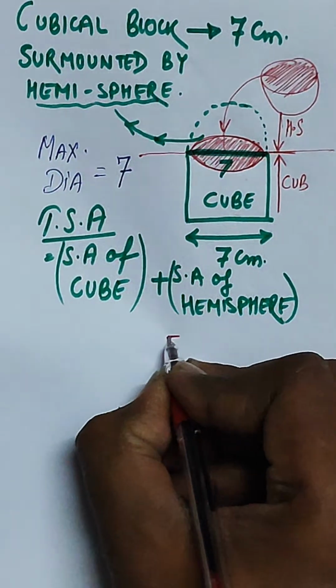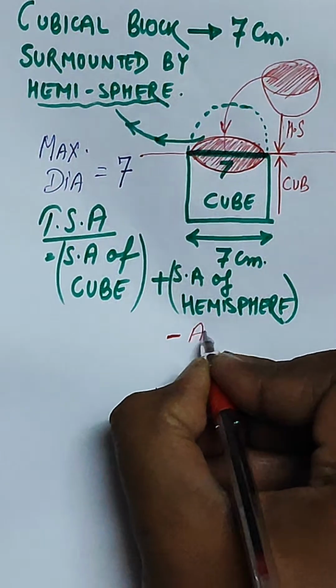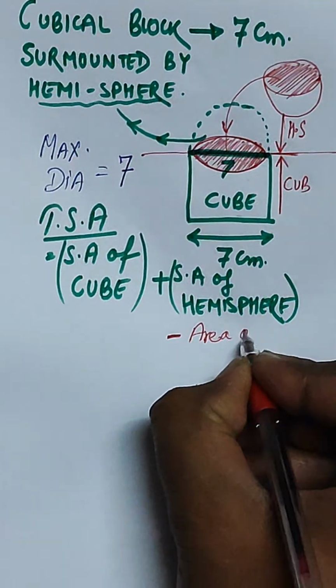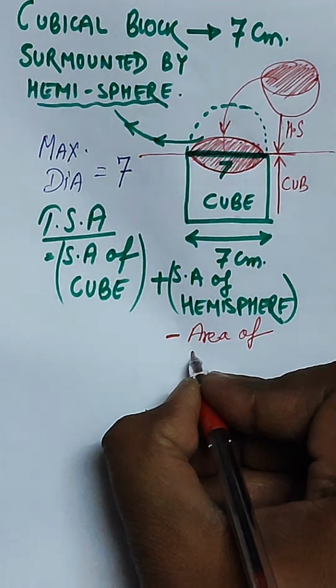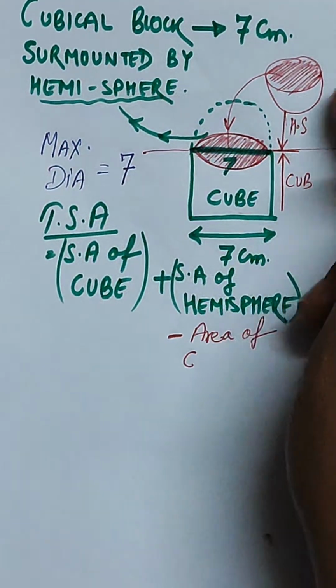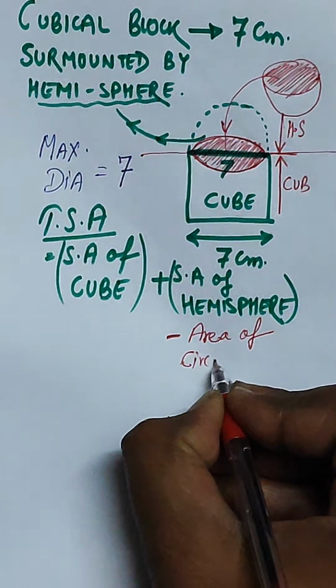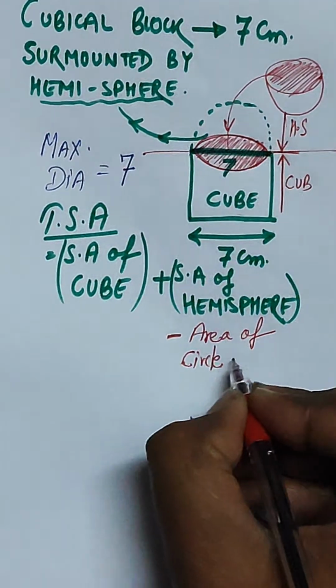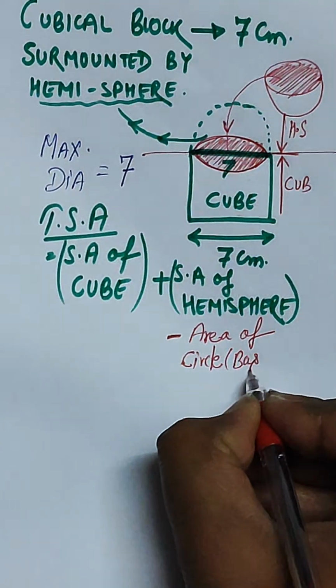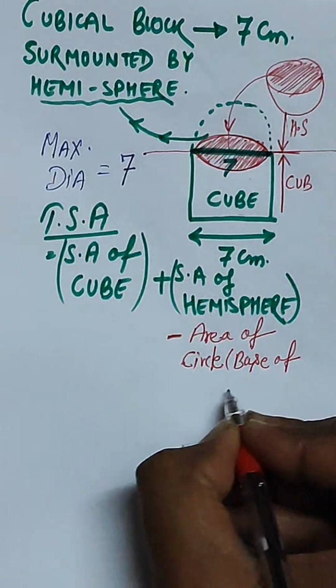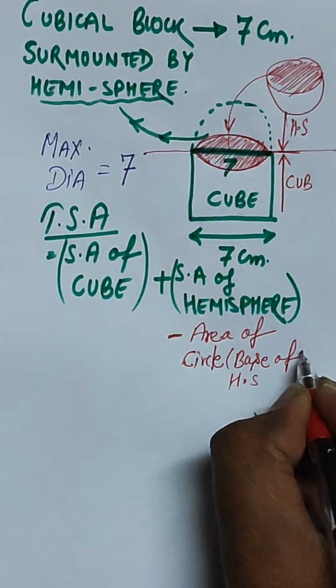So minus the area of the hemisphere base, or you can say the circle which is the base of the hemisphere.